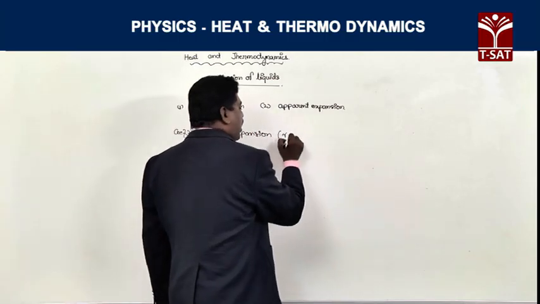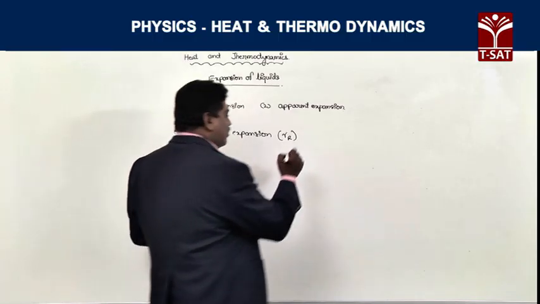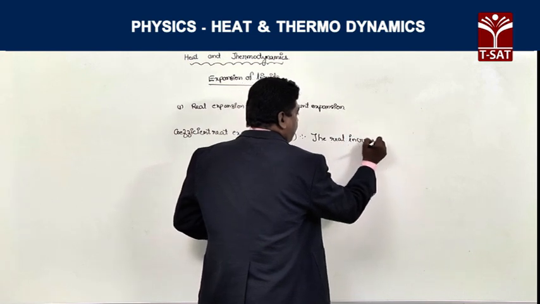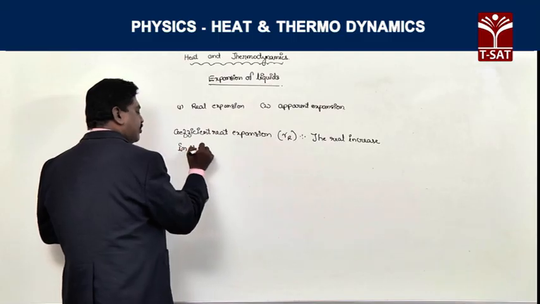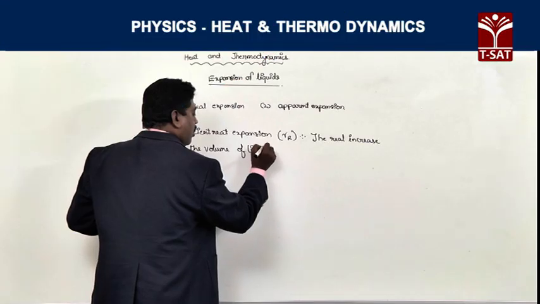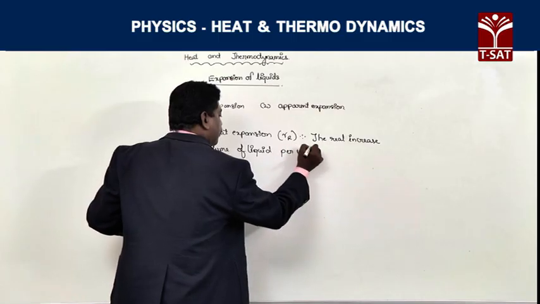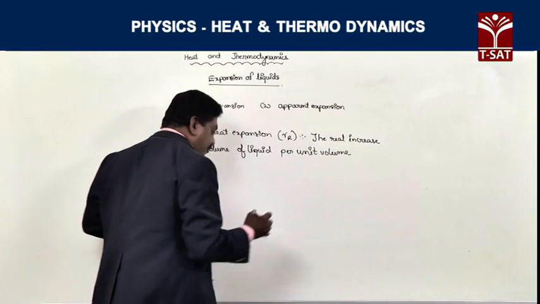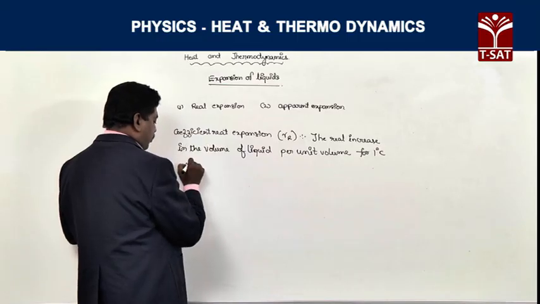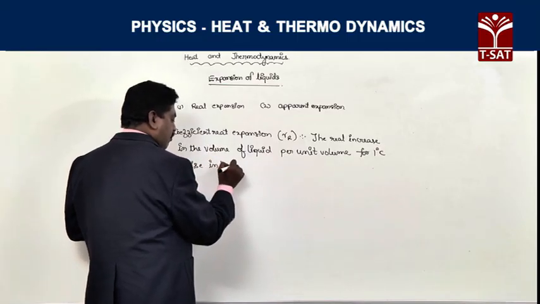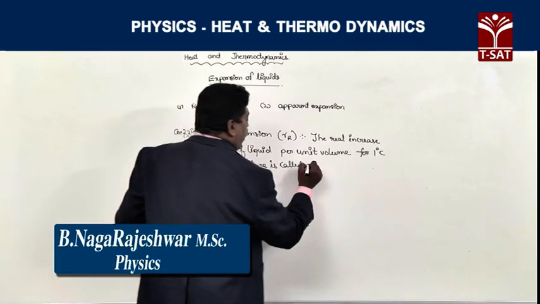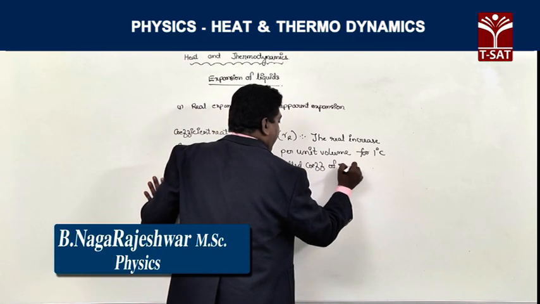Denoted by the symbol gamma r, and it is defined as the real increase in the volume of liquid per unit volume for 1 degree Celsius rise in temperature is called coefficient of real expansion of liquids.